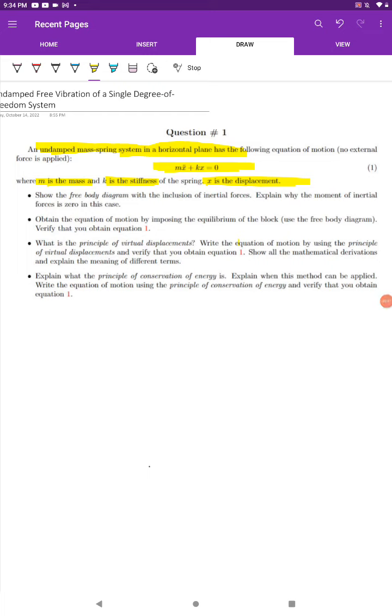In the first part, we're asked to show a free body diagram with inclusion of the inertial forces, and we have to explain why the moment of inertial forces is 0 in this case.